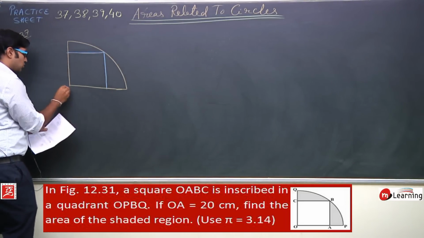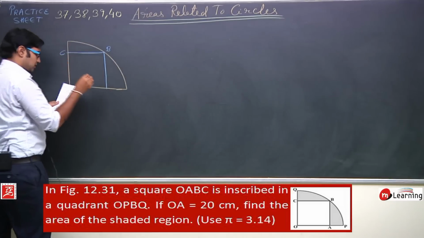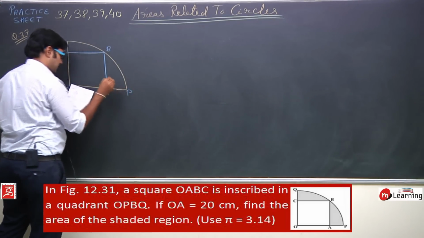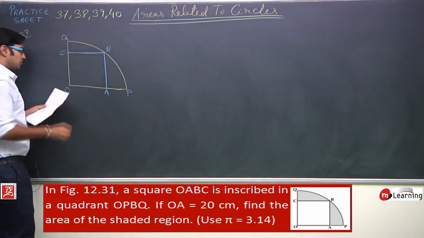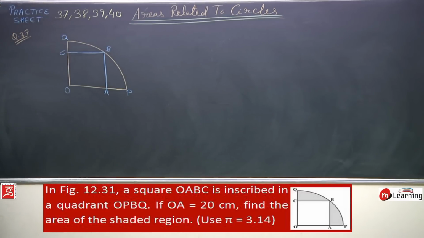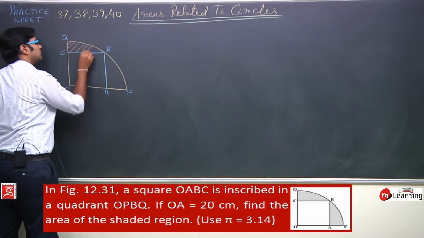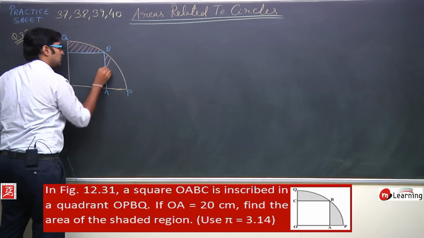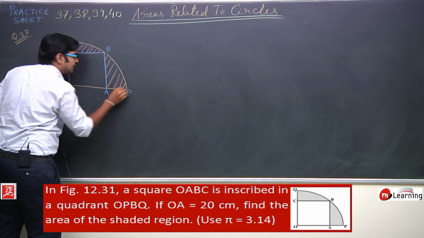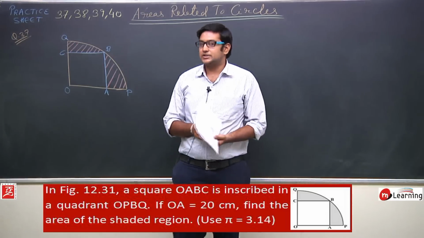The quadrant is O, this point is B, this is C, this is A, this is P, and this is Q. So I need to determine the area of the shaded region. So what is the shaded region here? This region is the shaded region. Now I need to determine the area of this region.